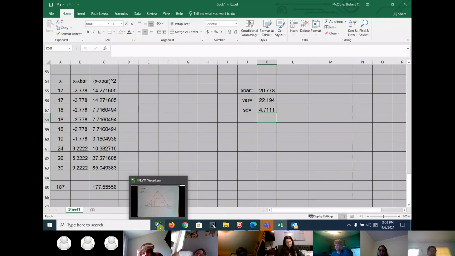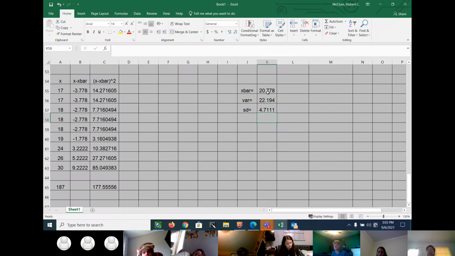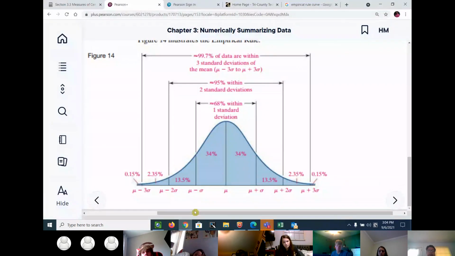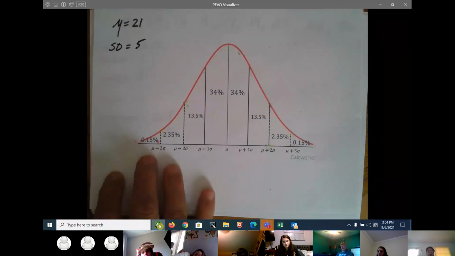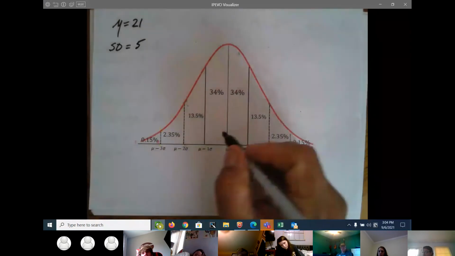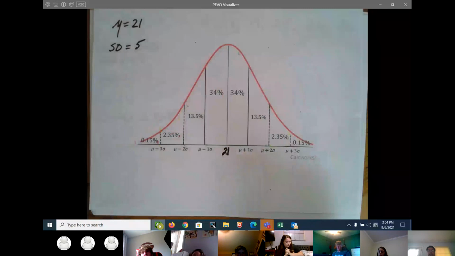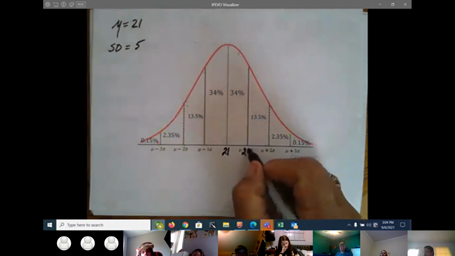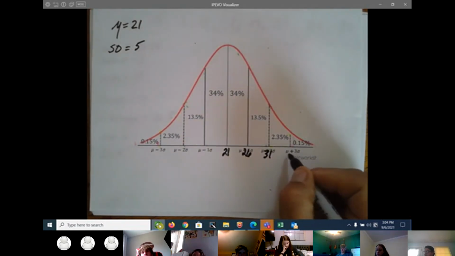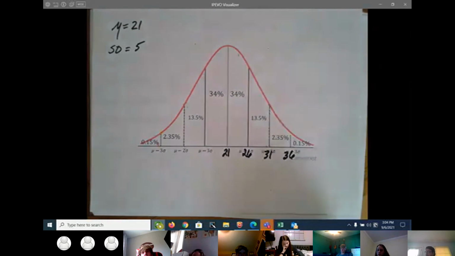Of course, if the book tells you, or the directions or the test tells you to round the mean to the 10th, then you would round that to the 10th, and you would add and subtract those decimals. But since I'm the teacher and since I'm showing you how to do this, I'm going to make it whole numbers. So I'm going to put a 21 right here, and 26, and 31, and 36.